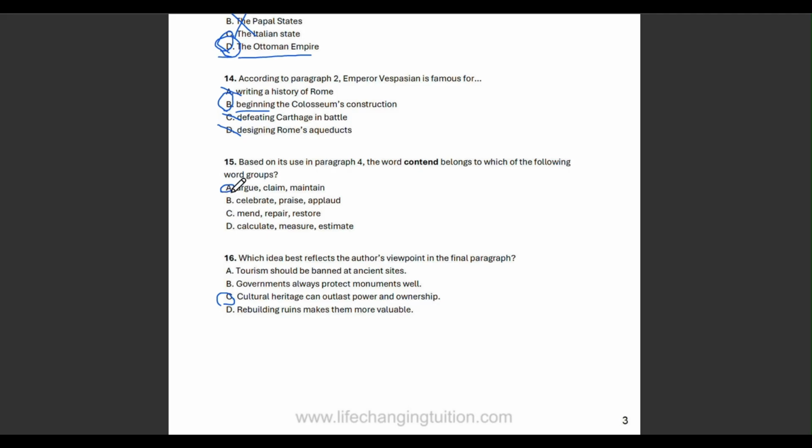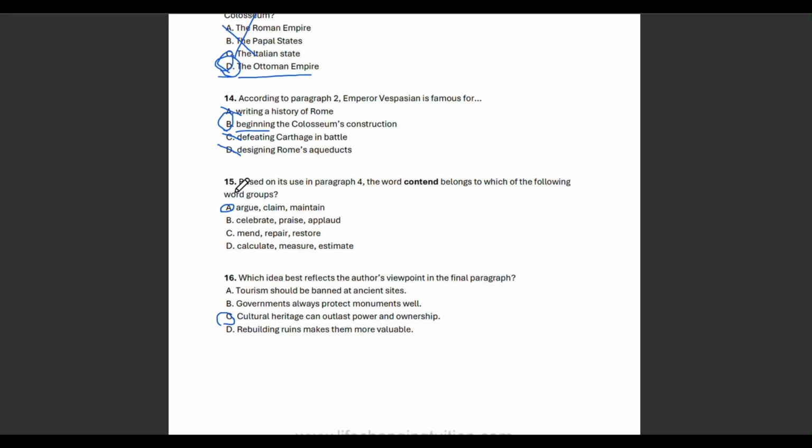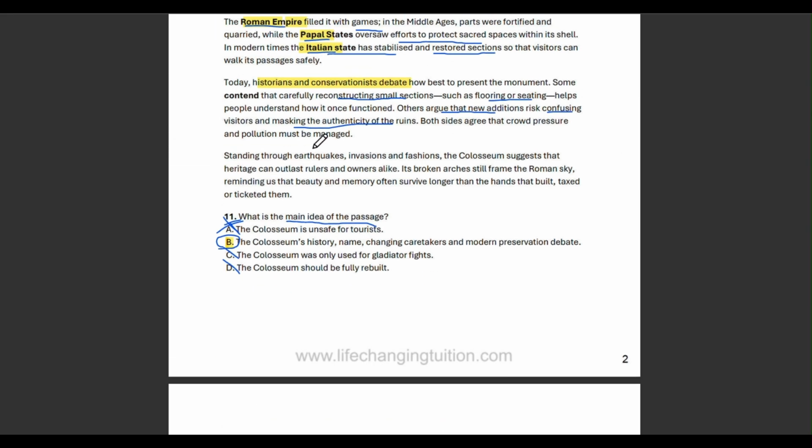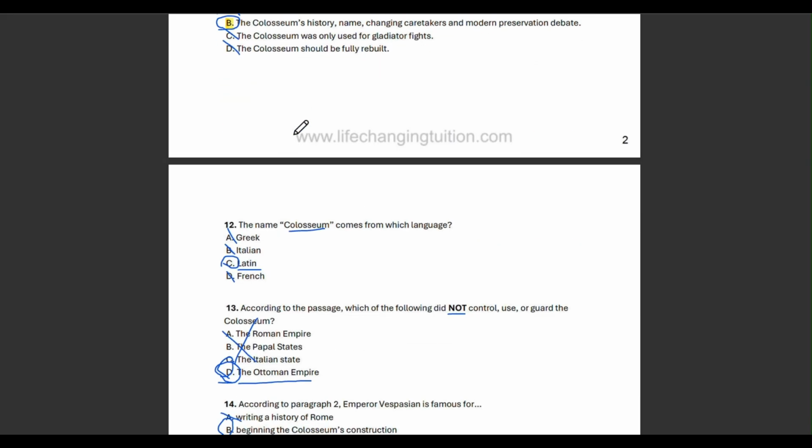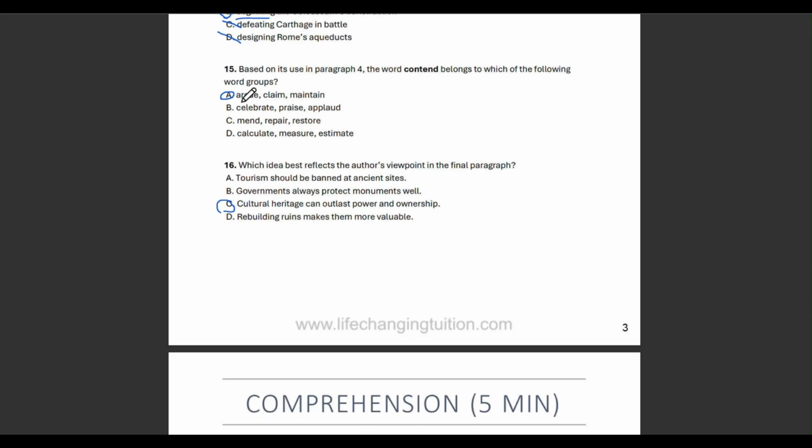The explanation tells us that in the passage, some people contend that carefully rebuilding small parts helps understanding. Here, contend means they argue or claim this view. Therefore, the answer to question 15 is letter A.